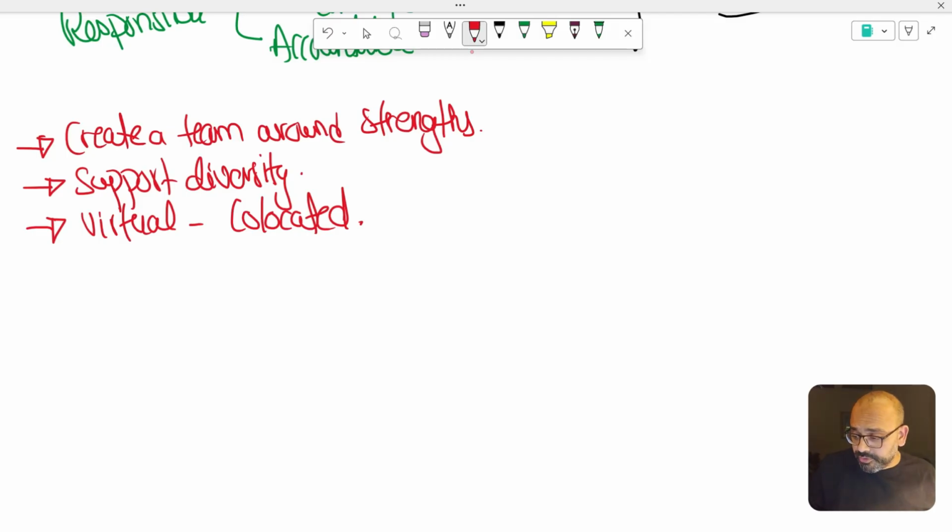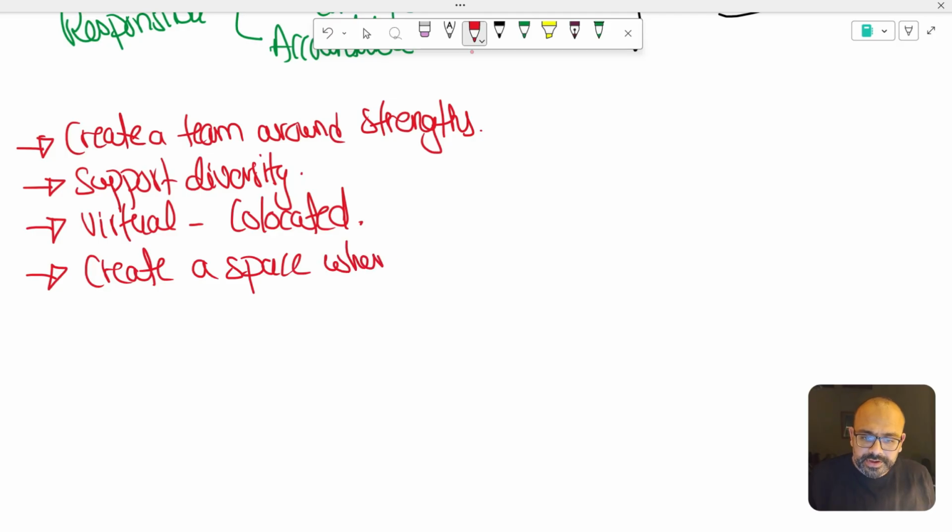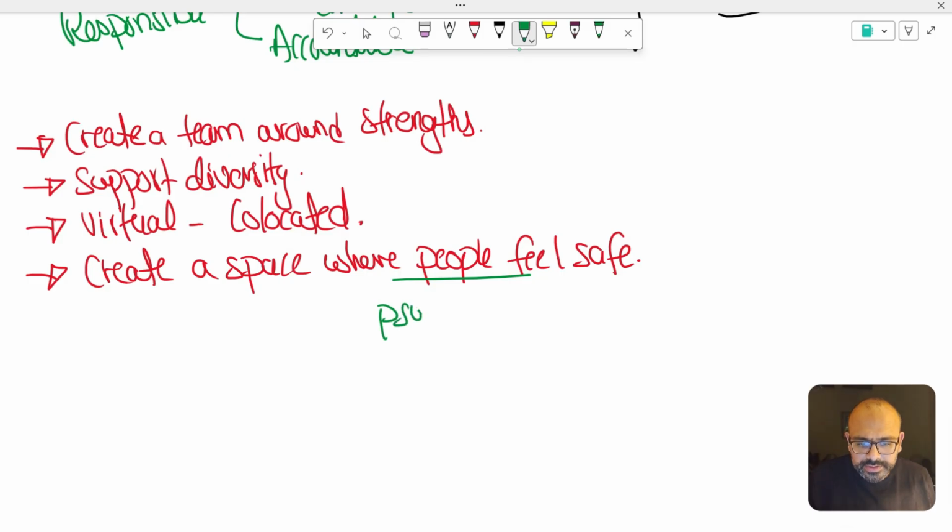Okay, moving forward, right? Create a space where people feel safe. They say create a space, psychological safety.